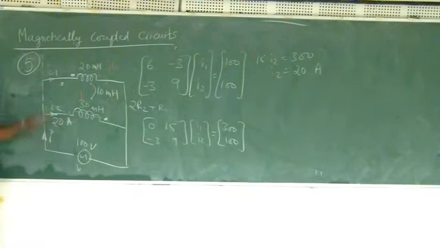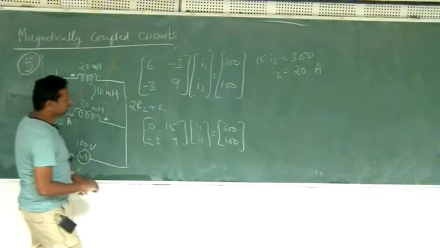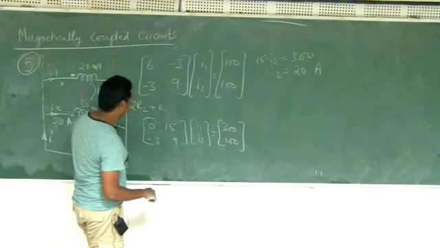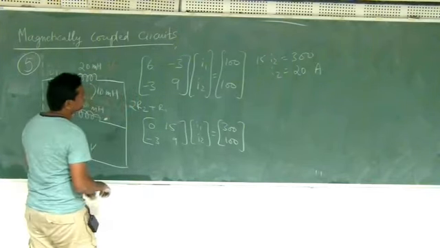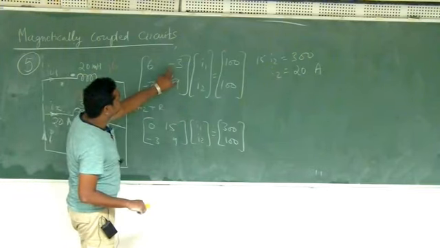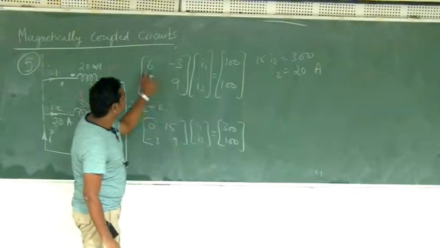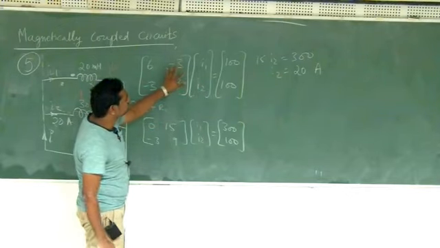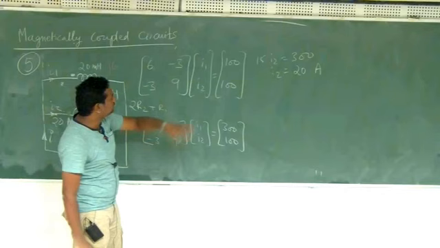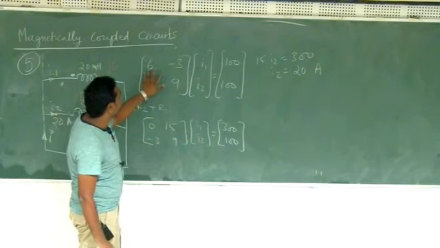So what will be I1? If I2 is 20, then minus 3 into 20 is minus 60. 6 into I1, minus 60 goes to the other side, it becomes plus 60. So 160 divided by 6.